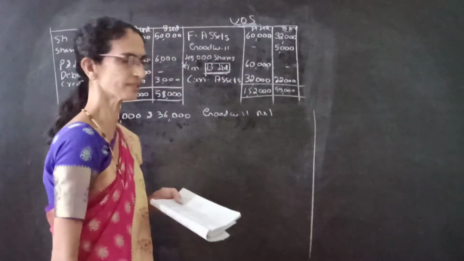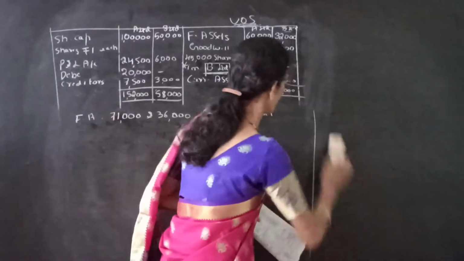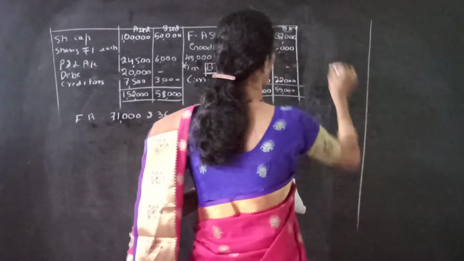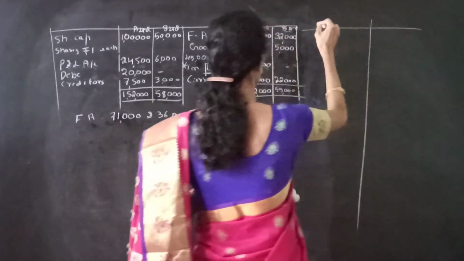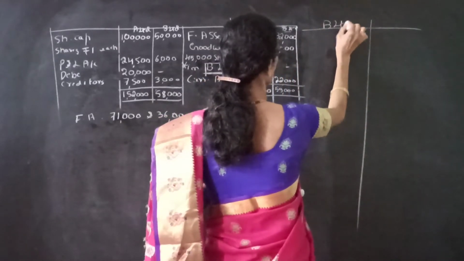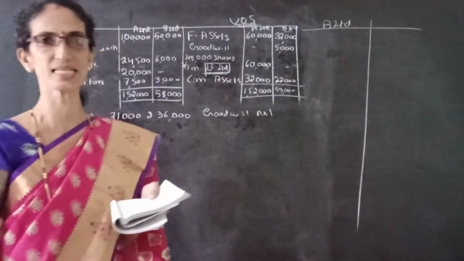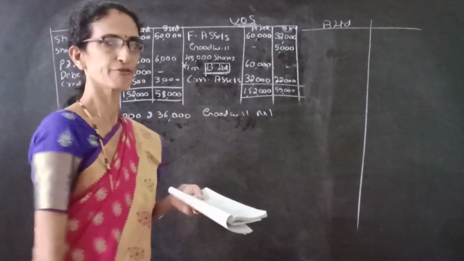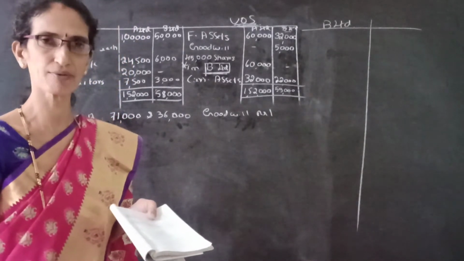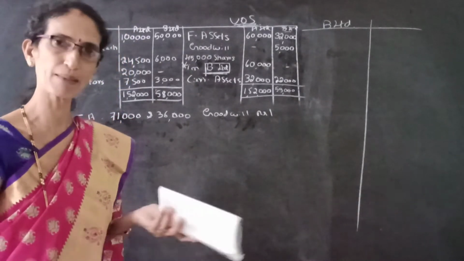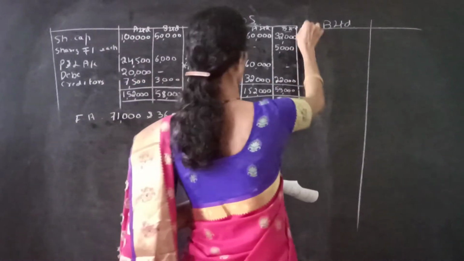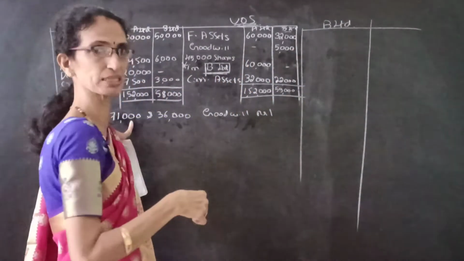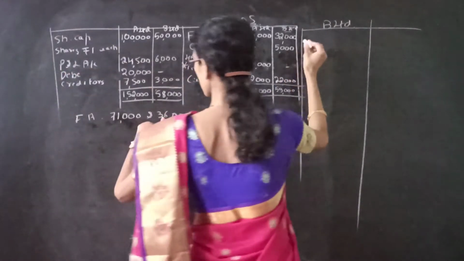So the formula: first we have to take the market value of assets of B Limited minus liabilities payable to the outsiders. Fixed asset of B Limited is 36,000.